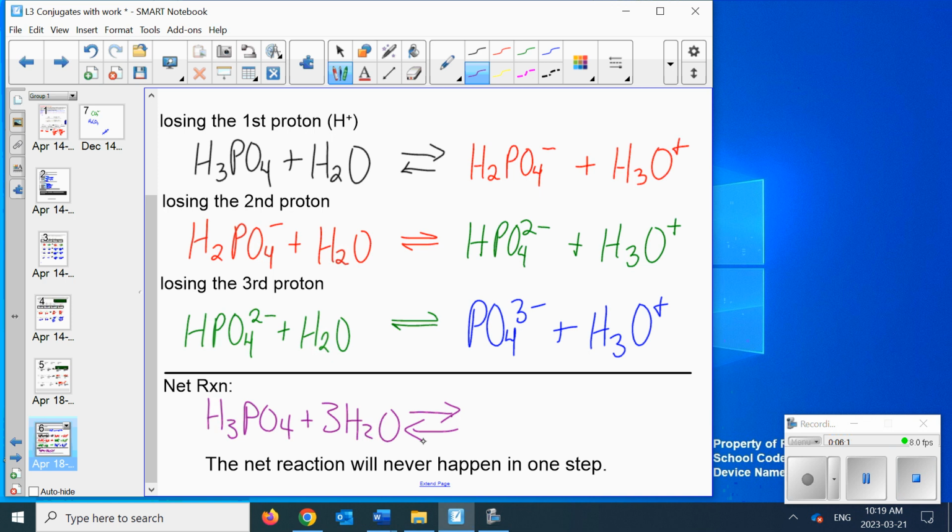The end result is that you get PO4 3 minus and 3 hydronium ions. That never happens in one step, but I'm just showing an advanced reaction. Not all that useful, but there it is.